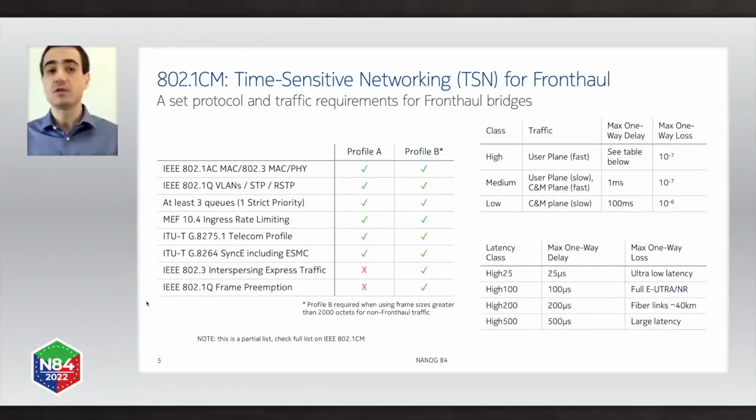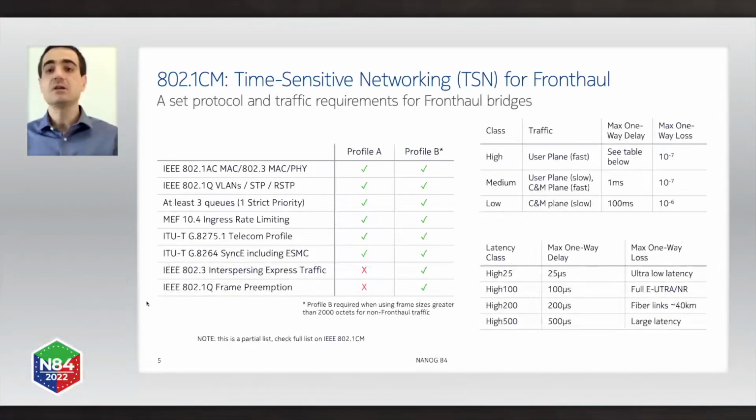There are two profiles with 802.1CM. One called profile A, where you don't use that, and another called profile B, where you use that. And the rule here is that if you're mixing non-fronthaul and fronthaul traffic, and the non-fronthaul traffic has packet sizes larger than 2,000 bytes, then you need frame preemption to maintain the jitter within acceptable values.